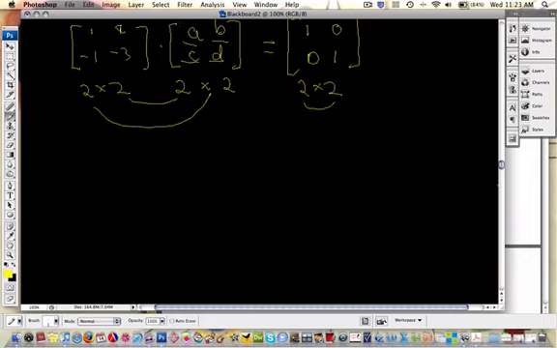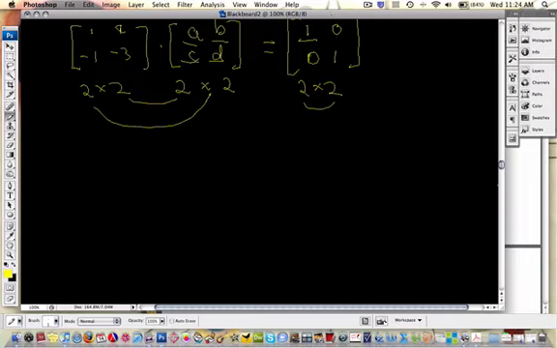If this equation is true, that means that, for instance, if I want to get this number 1 in that entry, that's the product of row 1 in the first matrix times column 1 in the second. So it'll be 1 times A plus 4 times C should equal 1.